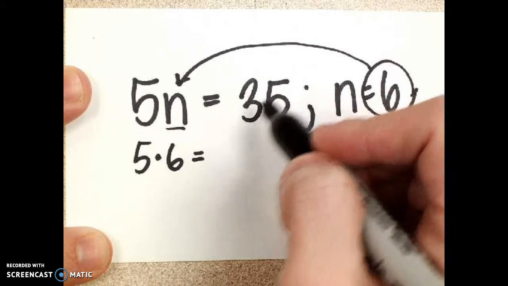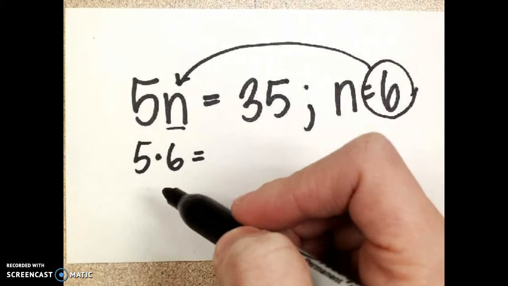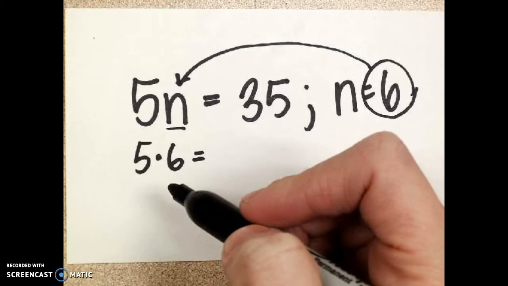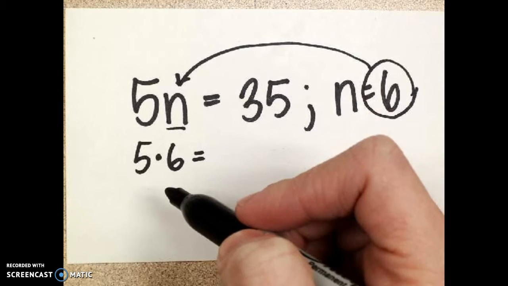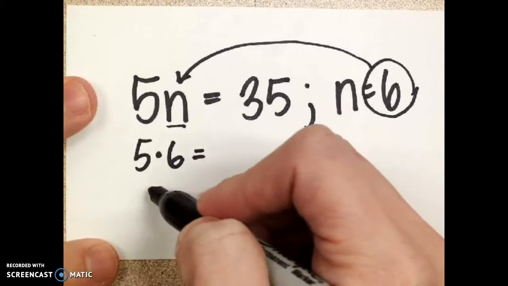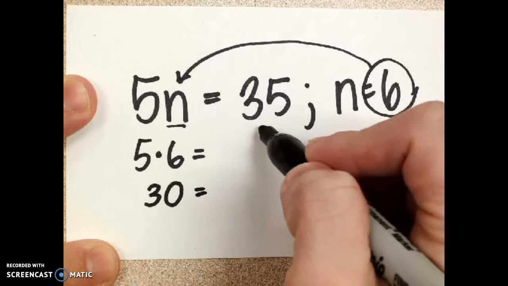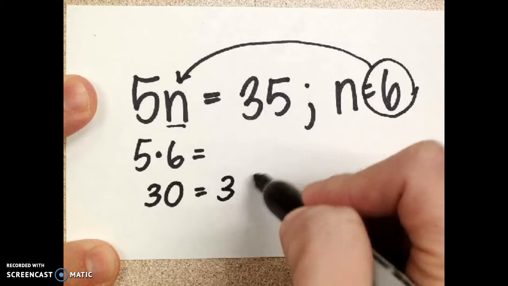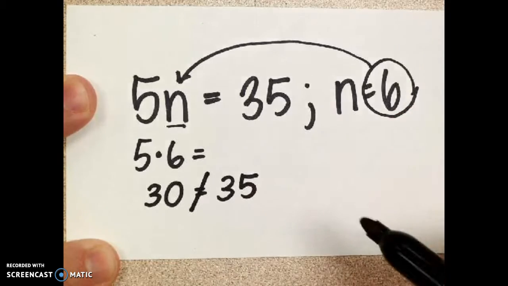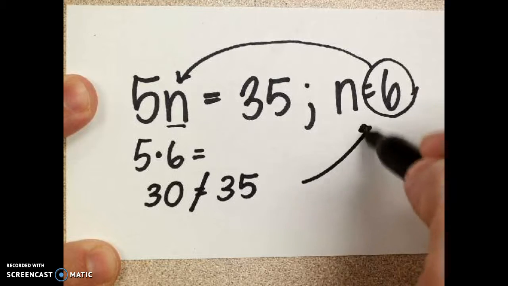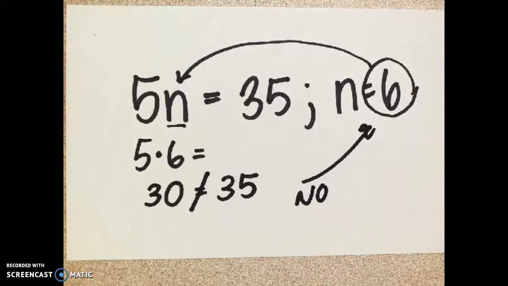Okay, so what is 5 times 6? Let's see, 6 sets of 5 gives us 30. So, is 30 equal to what the problem said we were supposed to get at 35? Remember, we cross off the equal sign and say no, 6 is not a solution to that problem.